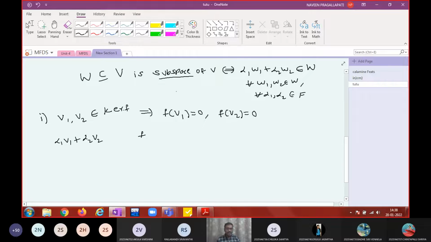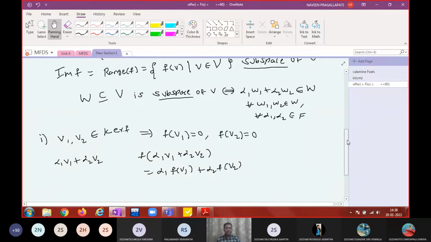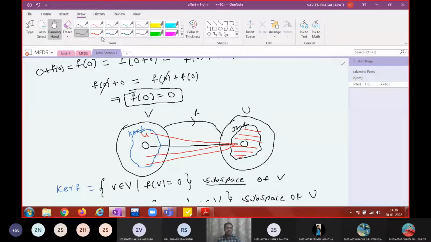So what is f of alpha 1 v1 plus alpha 2 v2? Now can I write it as alpha 1 f of v1 plus alpha 2 f of v2? Can I write like this or not? Yes, sir. Why? Because our f is a linear transformation.